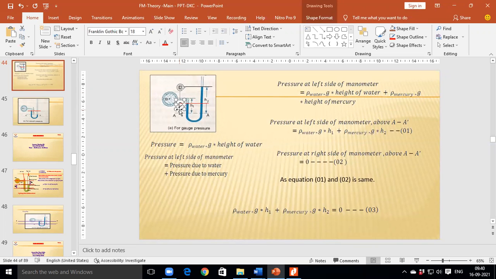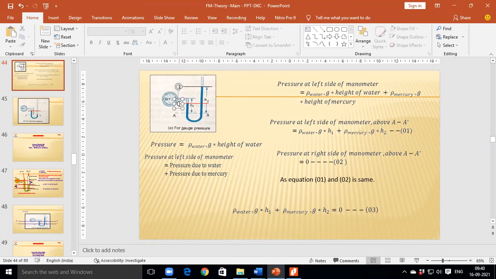Is this figure visible or not? Tell me. Yes, visible, sir. Okay. This is line B, line C, and line A dash.